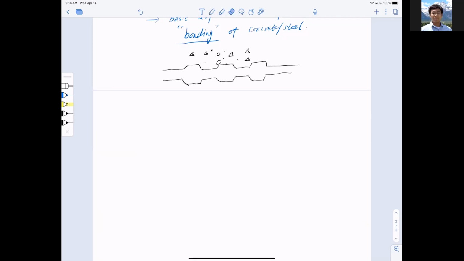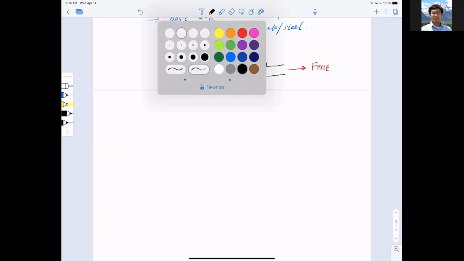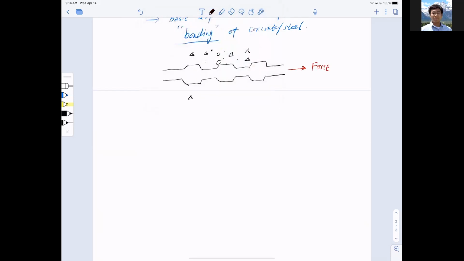To make it easy to see, I'm pulling it towards the right. In case this is confusing, say this is the force. So I'm pulling it towards the right. Naturally, this is surrounded by concrete. Everywhere you see is concrete outside the bar.